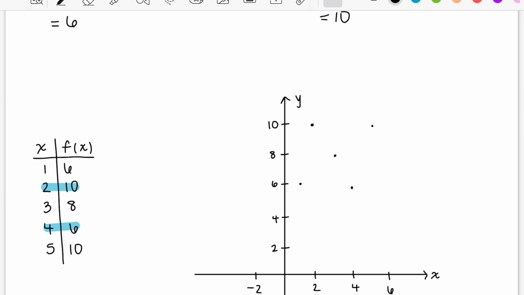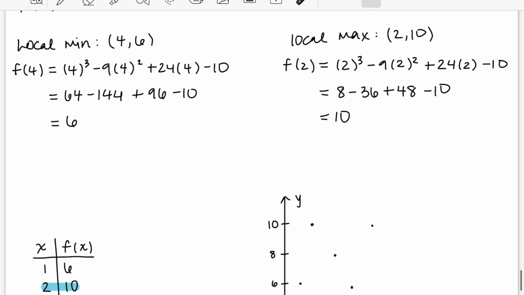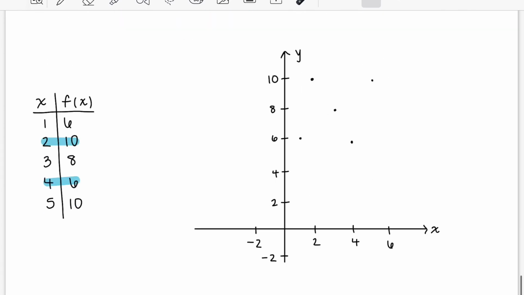All right. Using that information, along with the fact that f of x is going to be increasing from negative infinity to 2, we'll draw our curve like this. We're increasing from negative infinity up to 2, so all of our f of x values are getting bigger and bigger as we move from left to right.